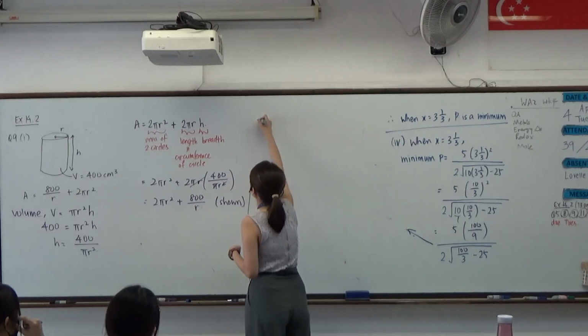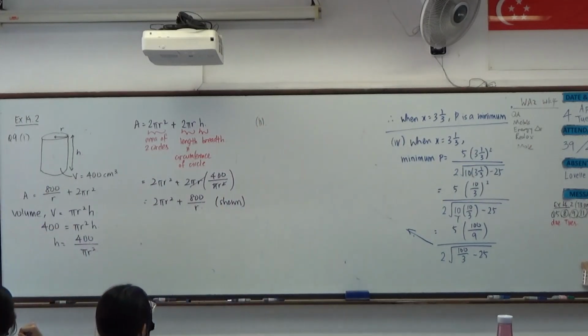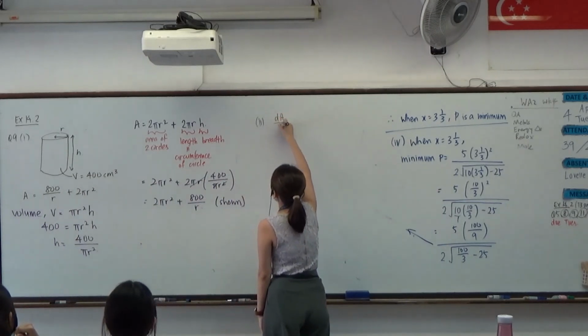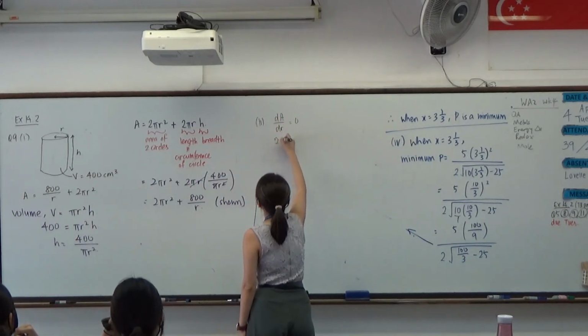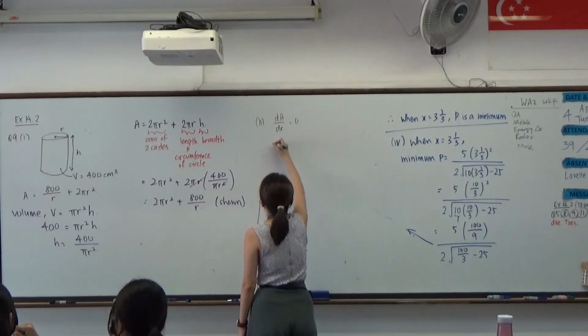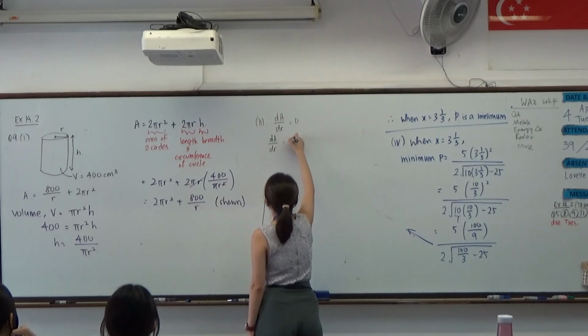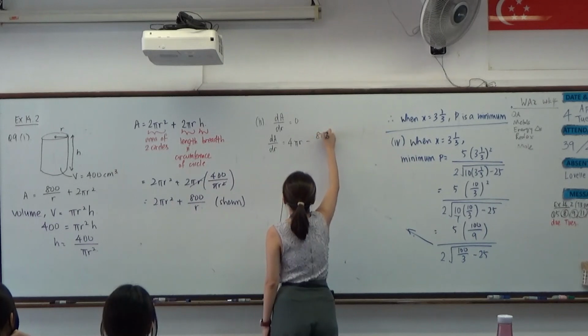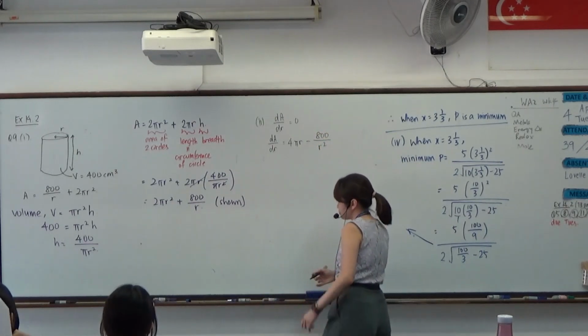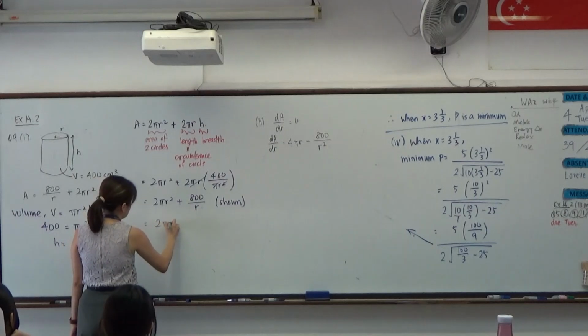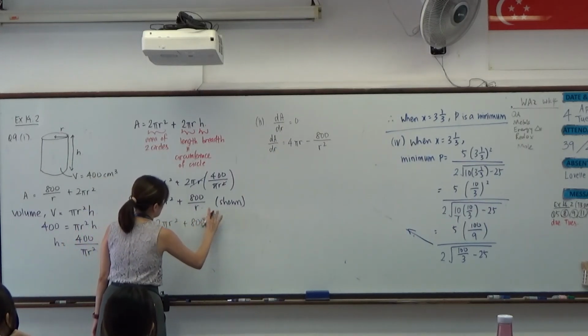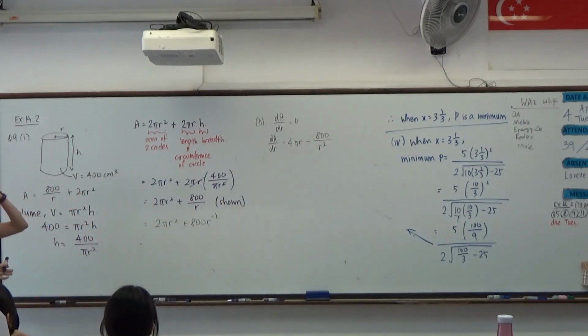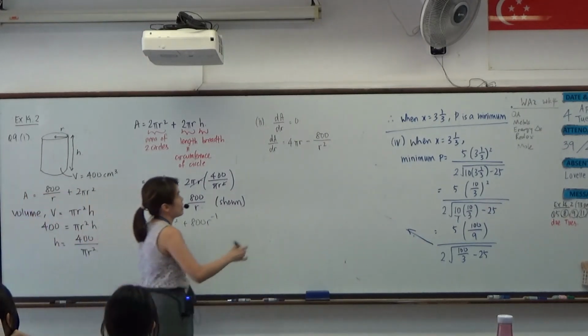Then in part 2, we want to find the value of R that gives the cylinder a minimum surface area. So it is actually the same thing again: dA over dR equals 0. So we need to find out what dA over dR is. Upon differentiation, you should get 4 pi R minus 800 over R squared.